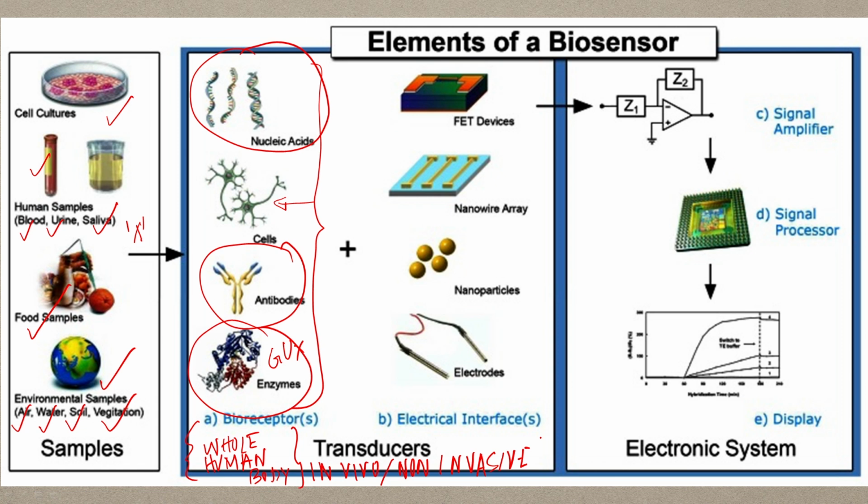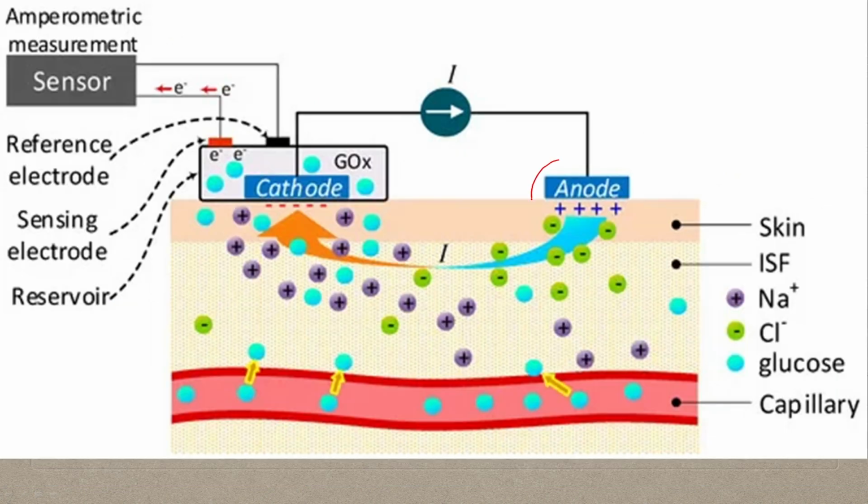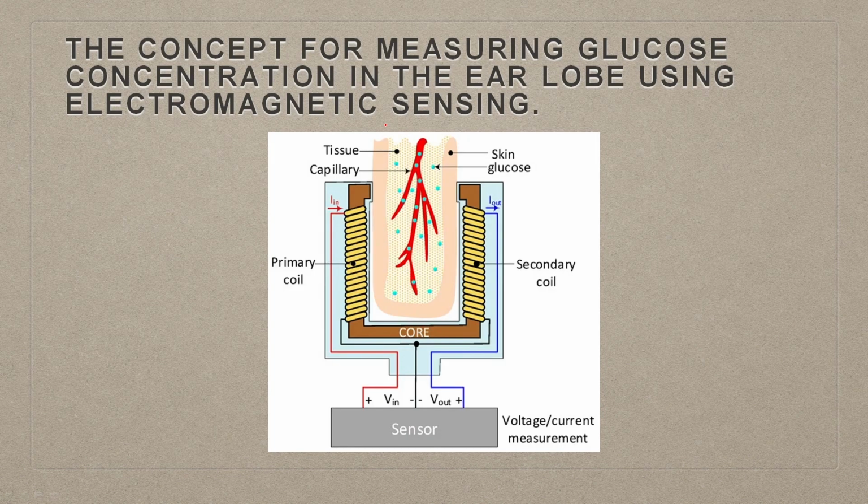In the light of this, these pictures will make more sense. For example, you have a minimally invasive anode implanted in your body, a cathode implanted in your body, and you are measuring glucose. Similarly, here in the earlobe you are doing the measurements. You have the device, you are not using any invasive methodology, yet you are measuring the glucose.